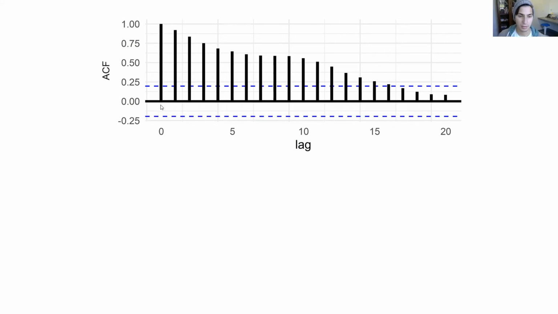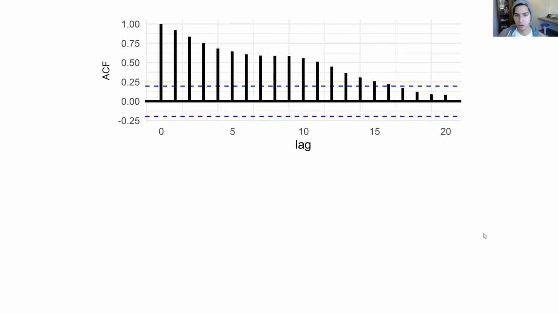The correlation between observations at time t and t minus 0 is just the correlation between the residuals and themselves, which is of course 1. The correlation at a lag of 1 is the correlation of the residuals at time t and the previous time step, t minus 1. We can see that it's quite high. The lag 1 autocorrelation is 0.9.